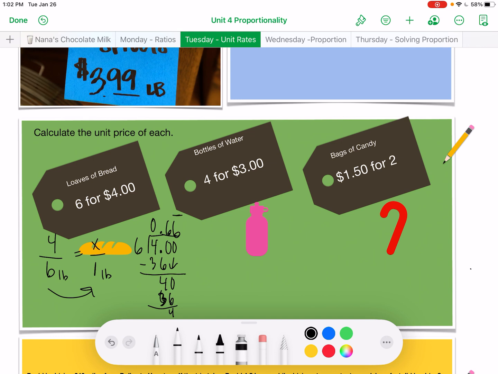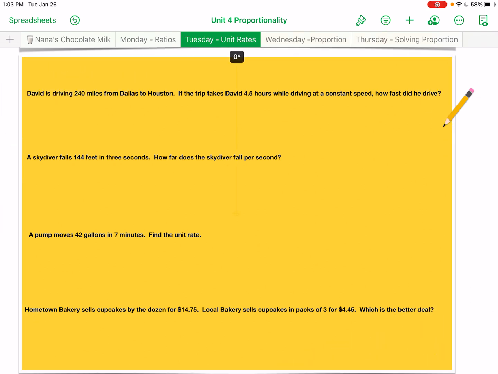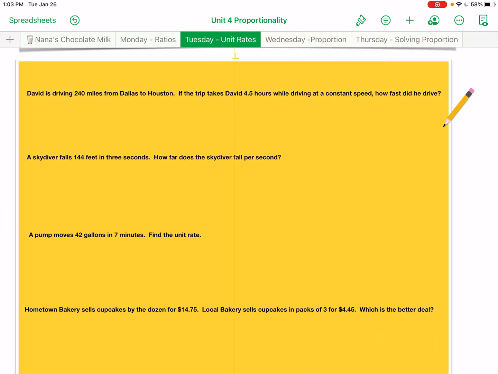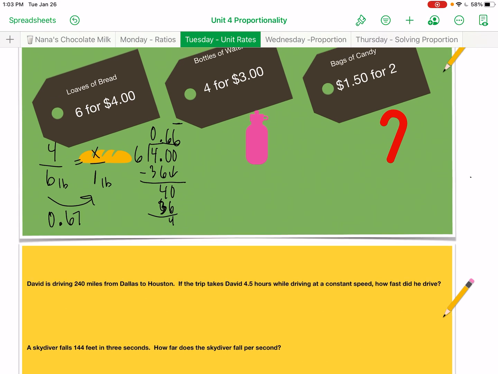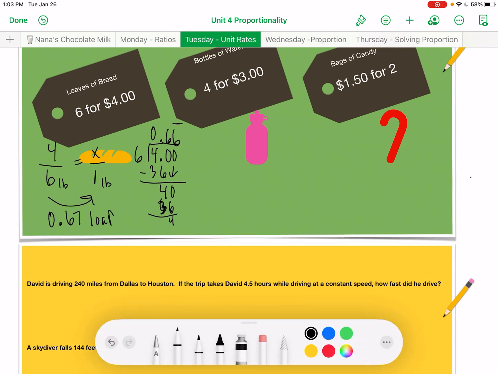You would round this to the nearest cent, and 1 loaf of bread would be 67 cents per loaf.